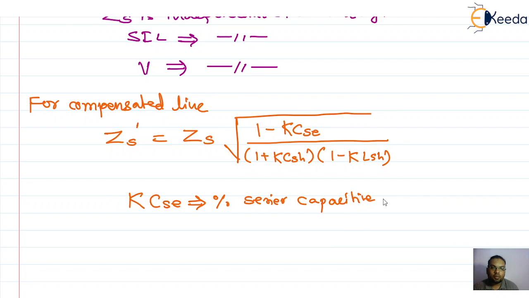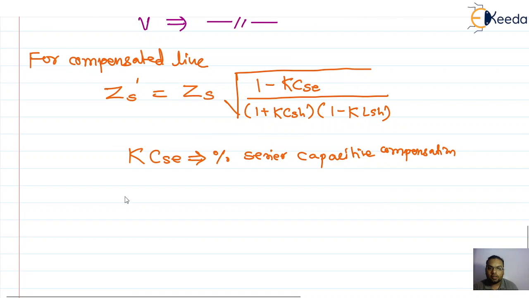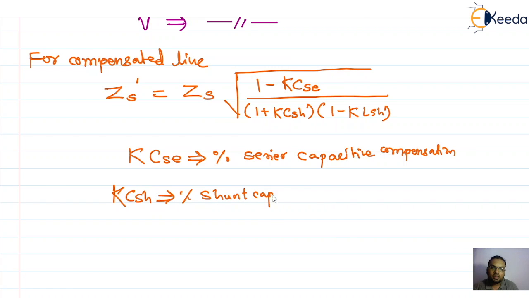Percentage series capacitive compensation. Similarly, this KCSH is nothing but percentage shunt capacitive compensation.